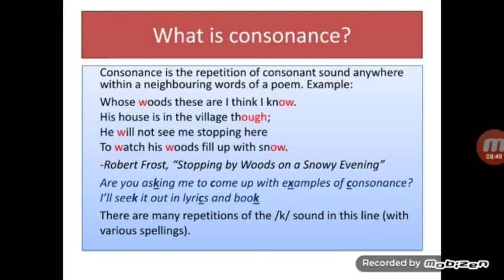So it is not mandatory for it to be in a certain position of the word; it may occur at the initial, medial, or final position. But this is the repetition of consonant sound.